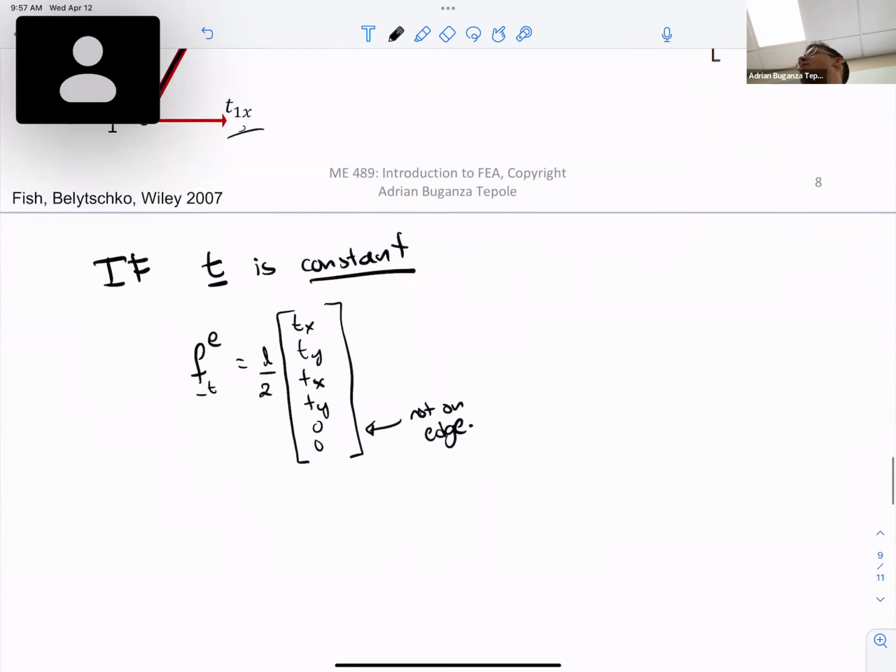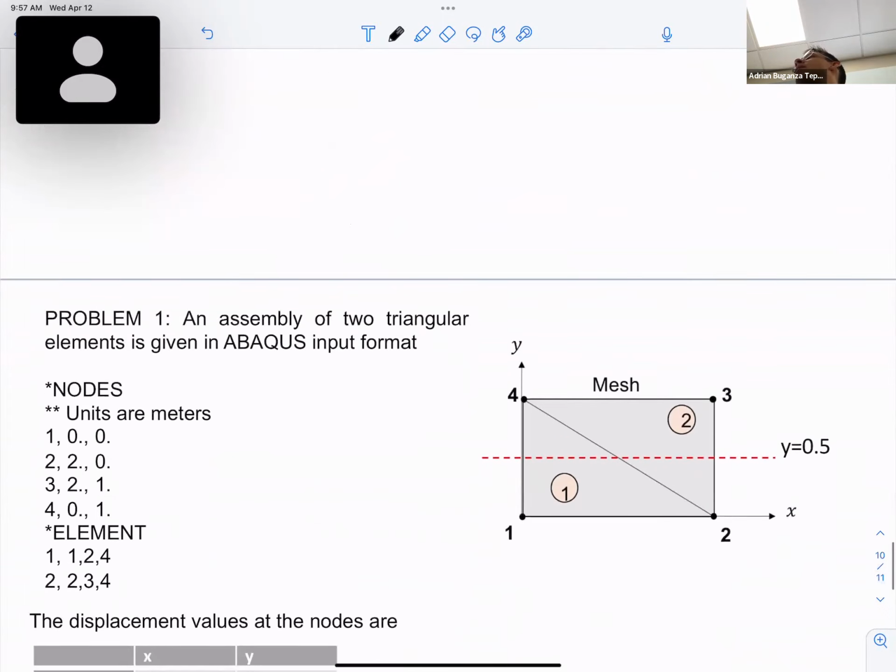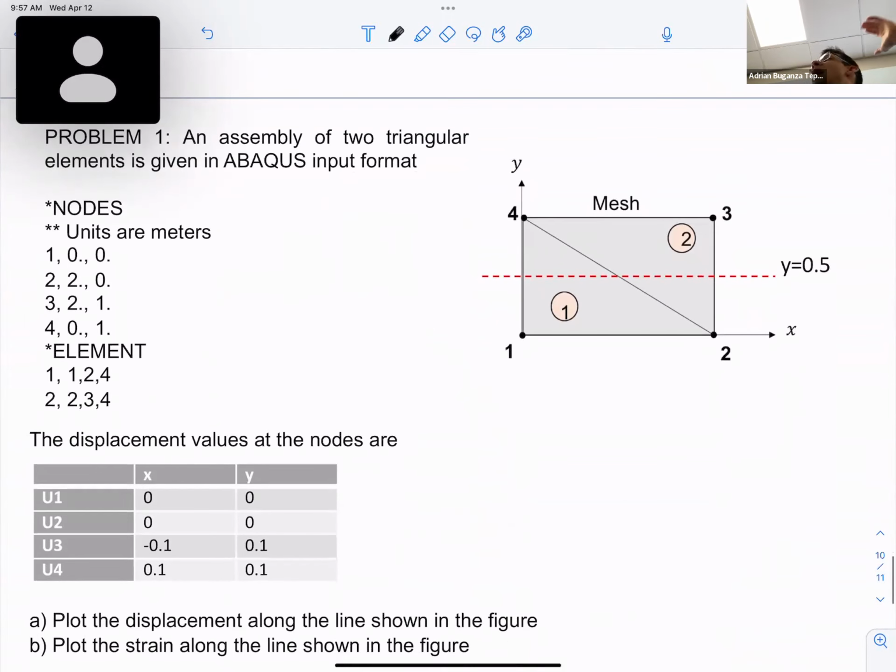All right, so we'll actually do one example. We have these 2 triangular elements, as we would define in Abaqus. The nodes are 0,0; 2,0; 2,1; 0,1. The elements are 1,2,4 and 2,3,4. In this case we are given the solved problem: the displacement at all nodes.